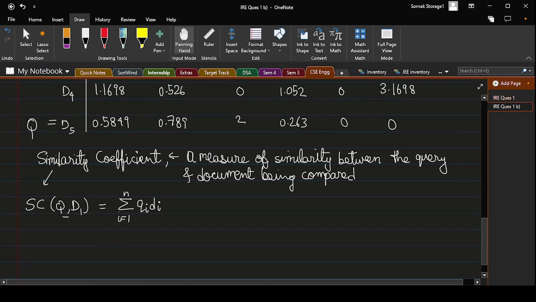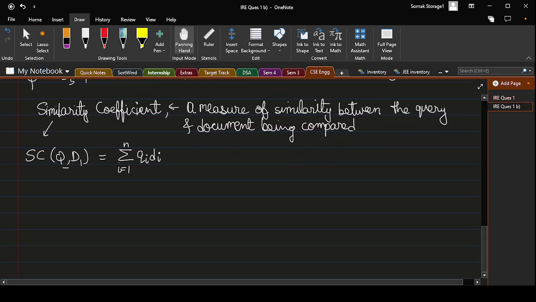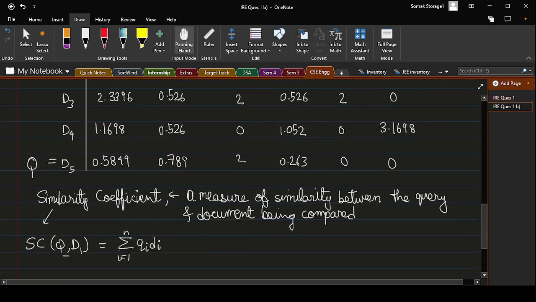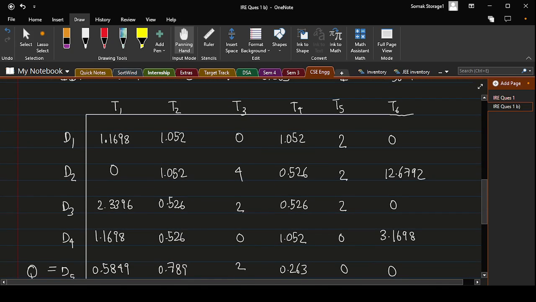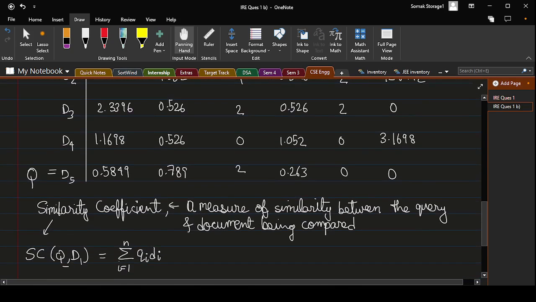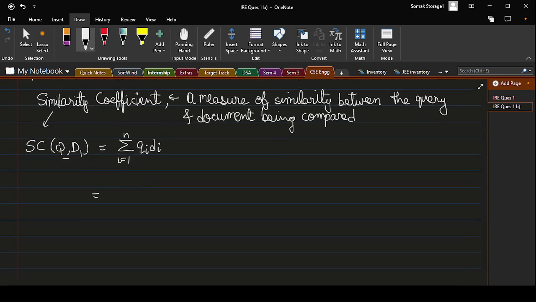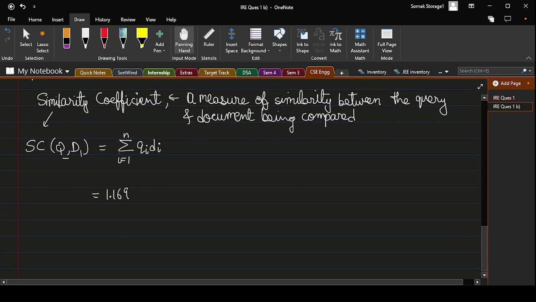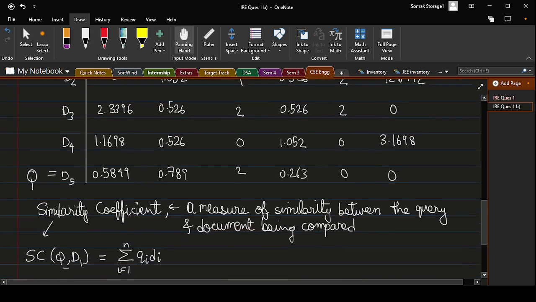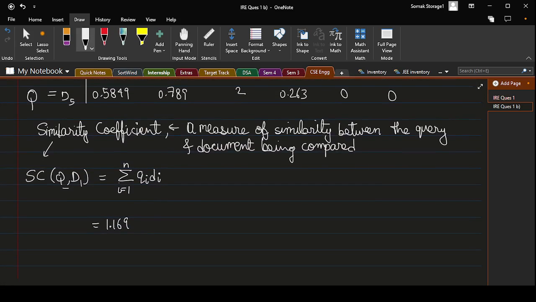So like this we'll just calculate the product of these two. So if we find the product for the first one, this comes out to be 1.1698.